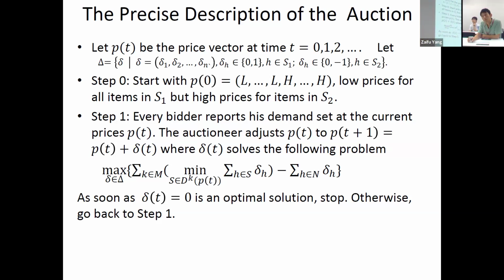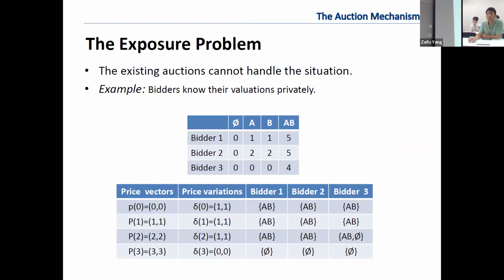Okay. So for this simple example, now let's look at the exposure problem. I have a few minutes, I think I can finish. So you see here we have a so-called exposure problem. Exposure problem means that every time there's over demand, you increase the price.